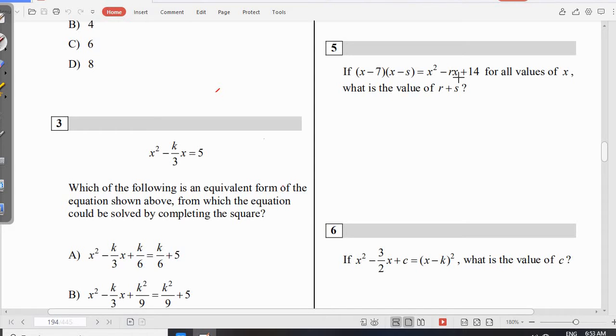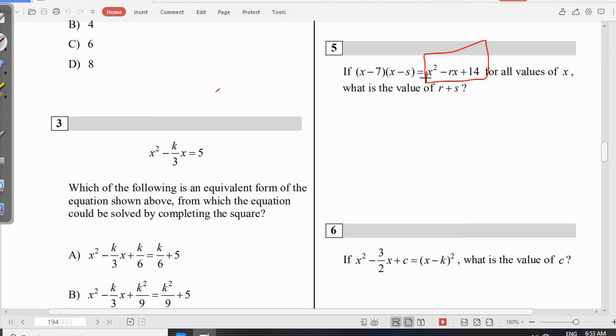If you're having x squared minus rx plus 14, it's almost impossible to factorize this. So what you can do is use the difference of two squares in this place to get the two factors, or hypothetical two factors.